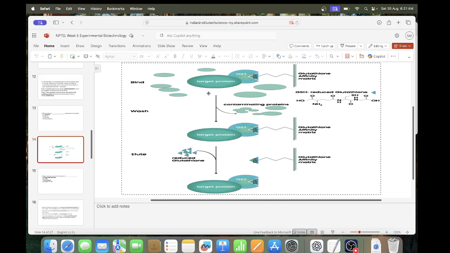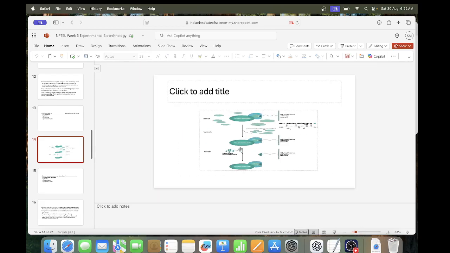When we add this reduced GSH, which is reduced glutathione, that would compete. This competing GSH would bind to the GST tag. So that would release our protein from the glutathione affinity matrix. This way, our protein of interest will be eluted.